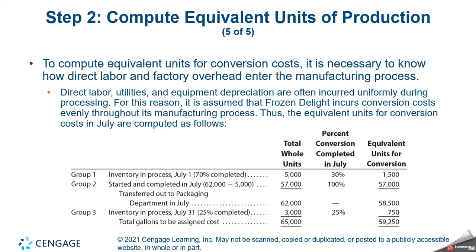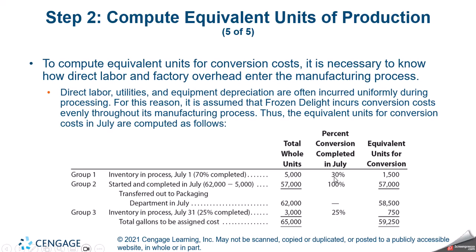So then our step 2 is to figure out, now what about the conversion costs? So our beginning inventory was 30% complete at the start of the month in relationship to conversion. What we started and completed, again, it's all done, would be 100% complete with relation to conversion. And then what's remaining is only 25% complete. So then notice as you go across the columns, you're just multiplying.